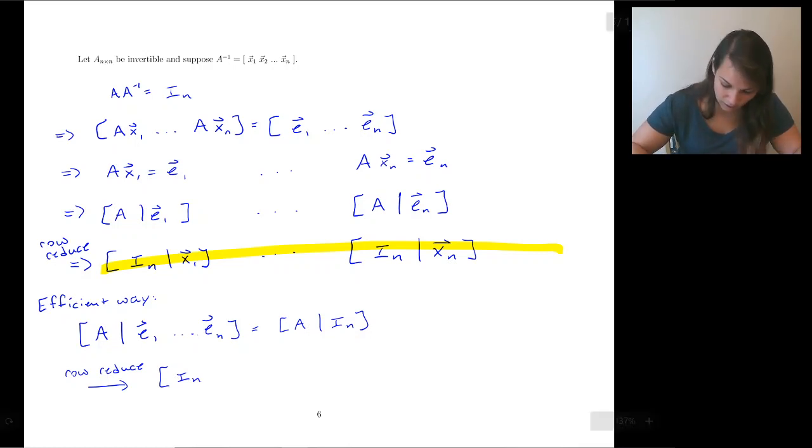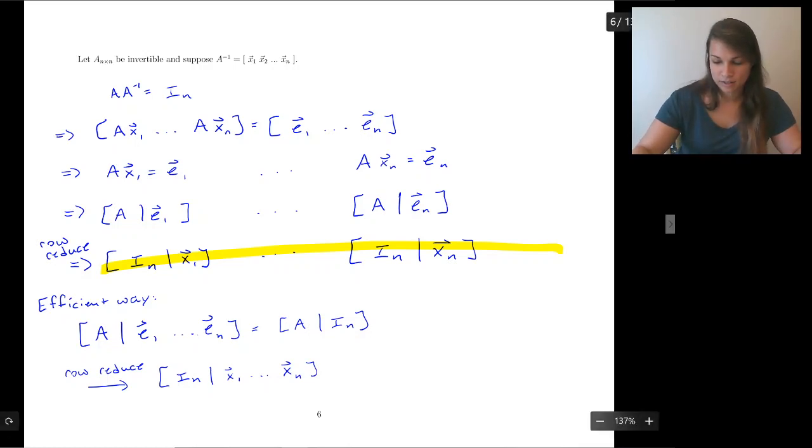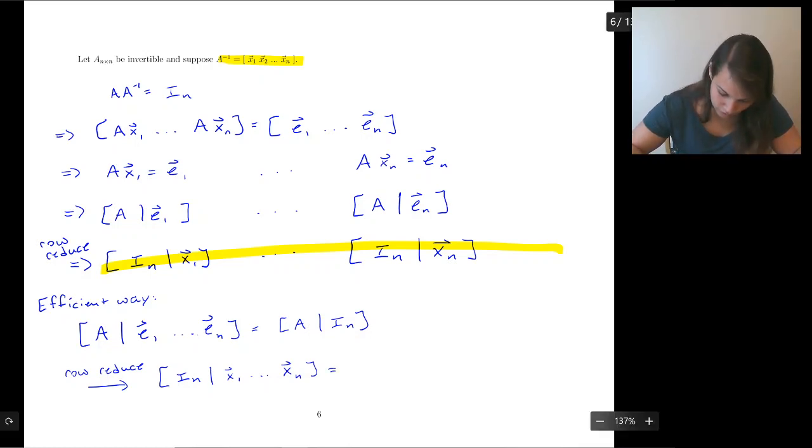A reduces to I. And then we get all the X's that we want on the left. Oh, but what are all those X's? All those X's are A inverse. So this is going to be I_n reduces to A inverse.